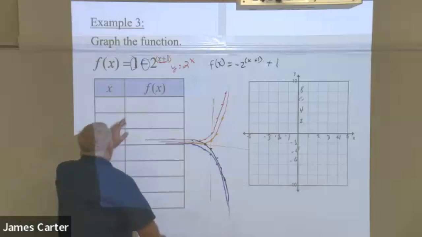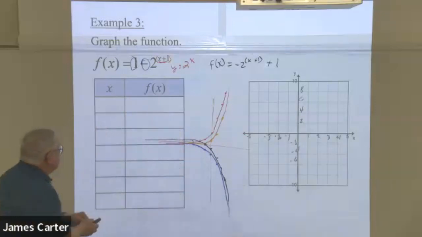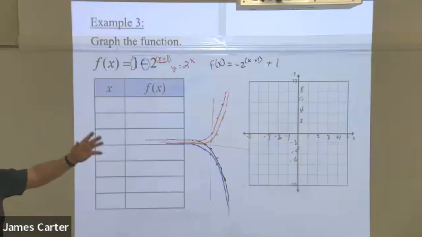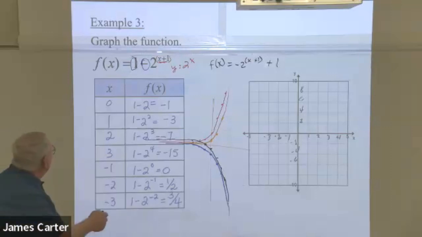Now, they did an XY table. Actually, so did I, but I just rattled off the numbers. Okay, this is that whole thing when you replace that x with 0.